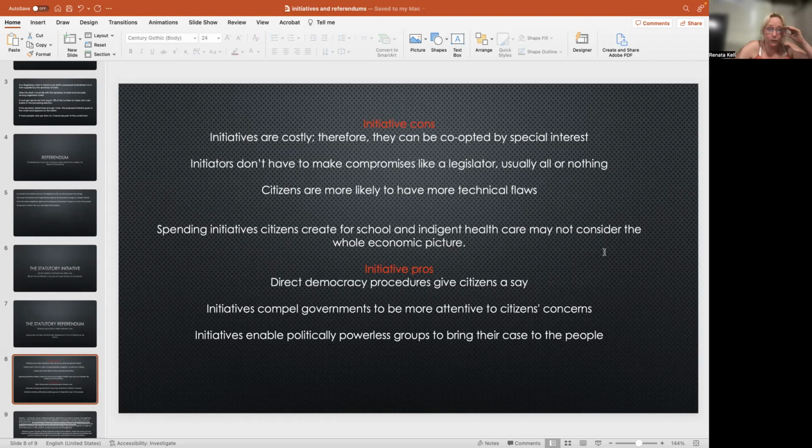So that's why it could be a con, because you get the special interest people in there who have the money to push forward initiatives that are maybe one-sided. Initiatives don't have to make compromises like a legislature. Usually it's all or nothing. It's going to go to a vote, and it's going to be yes or it's going to be no. Unlike in the legislature, where it'll go back and forth.